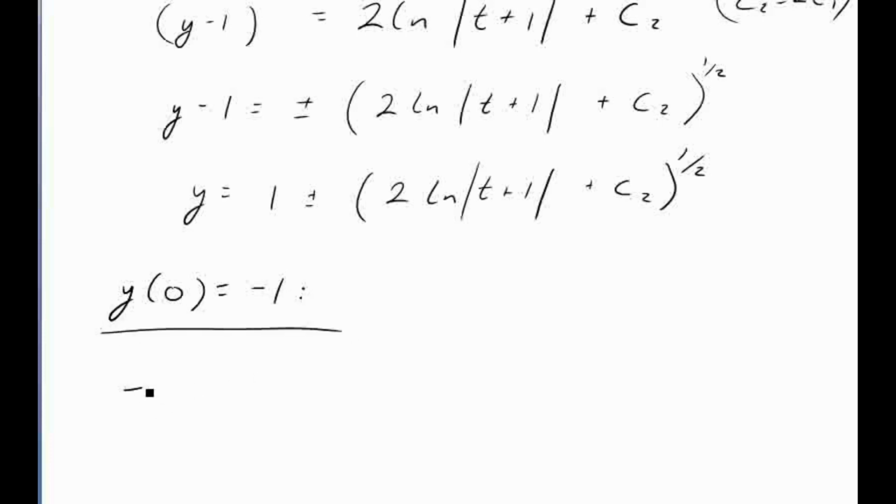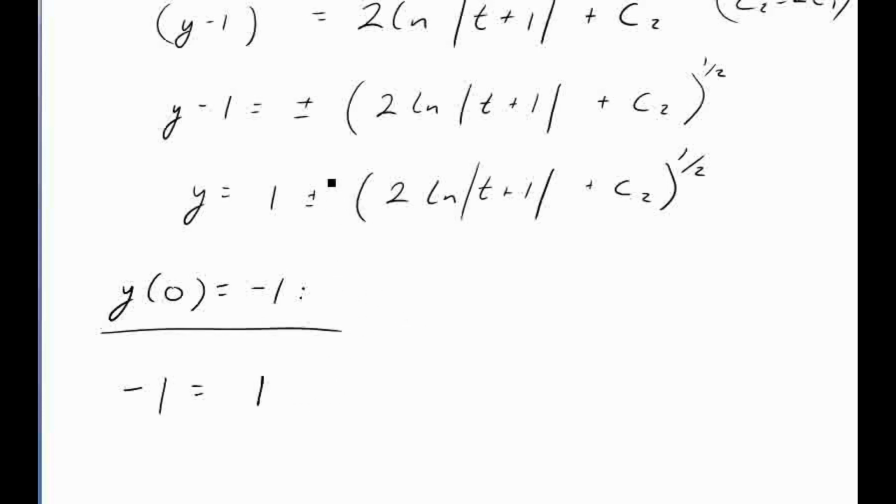So first off, -1 equals 1 plus or minus, but note that the square root of any real number is going to be non-negative. So what we have here is not going to be the plus; it's going to be the minus.